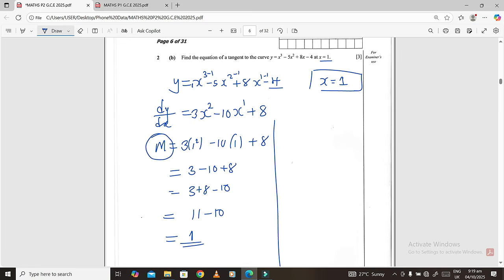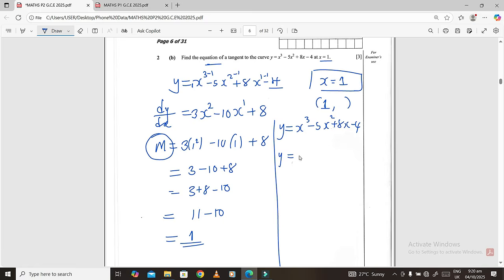Now we need to know the point at which this same equation we are looking for is at. So we're going to say y is equal to x power 3 minus 5x power 2 plus 8x minus 4. We again substitute. We are looking for the coordinates. We know that x is a 1, comma, and the y is what we are looking for.